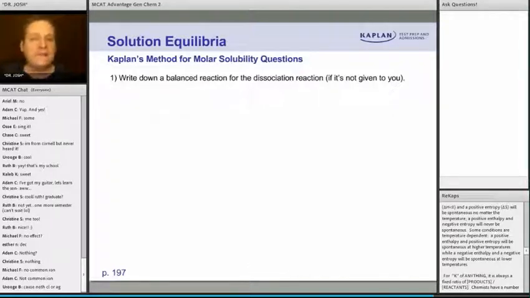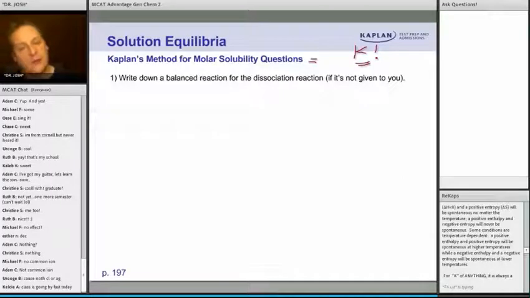So we're going to codify those rules we talked about earlier before we take our second break to learn how we can, in fact, solve any type of equilibrium question. You can see there are two questions at the bottom of your book. Some of you may notice that the first one is slightly different. I'll tell you how to change it to match the one we're going through. But this is our method for molar solubility questions. Theoretically, anytime you need to solve for an equilibrium constant, this is the method to use.